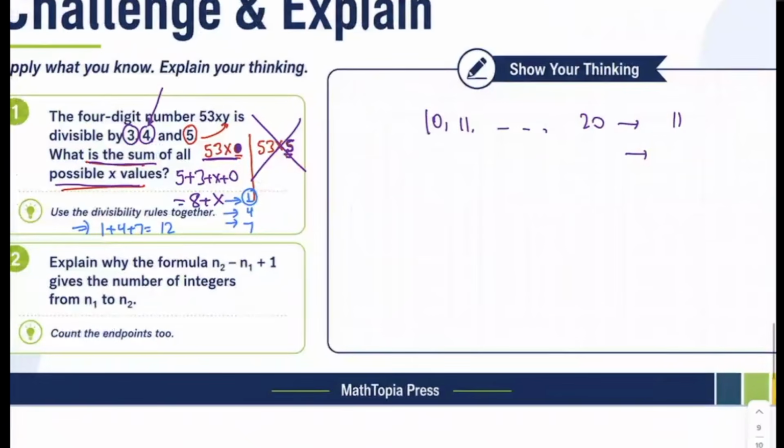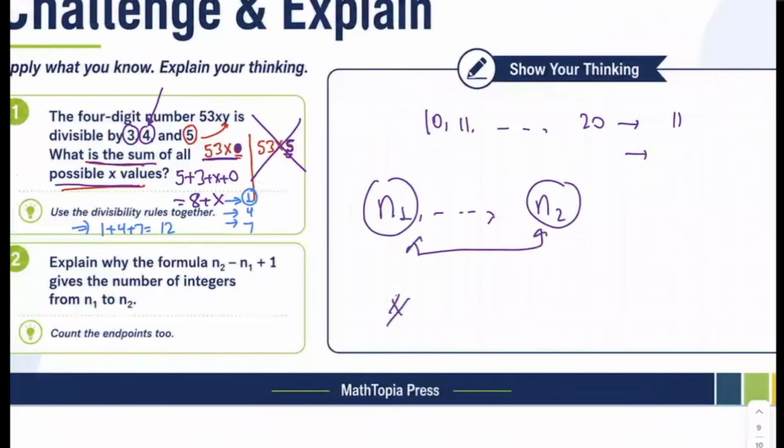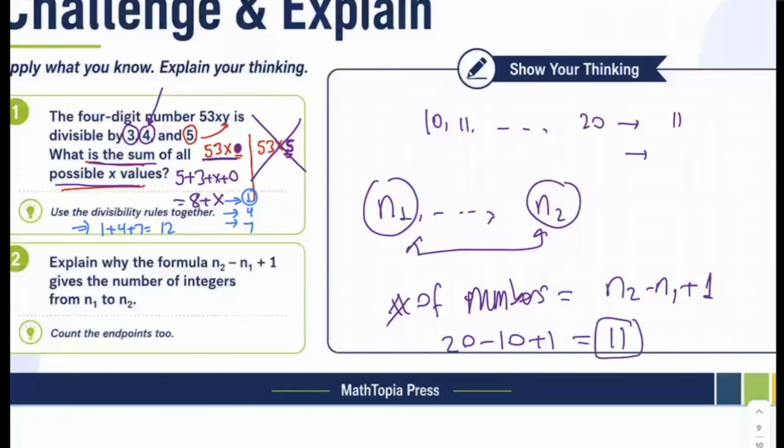This explains why the formula works. If you start at n1 and go to n2, the last number included, the number of numbers is what? It's always that way. 20 minus 10 plus 1, because the last number is always included, right?